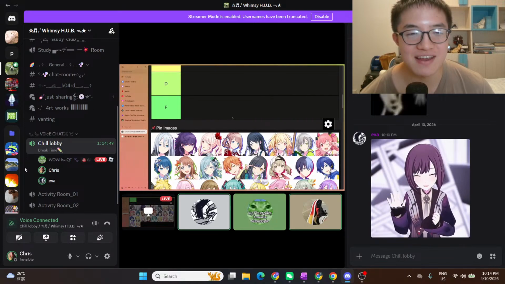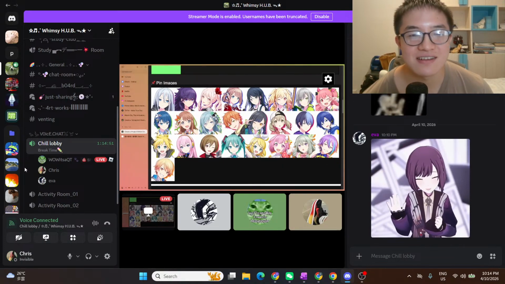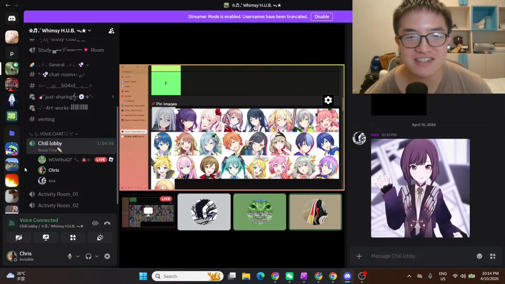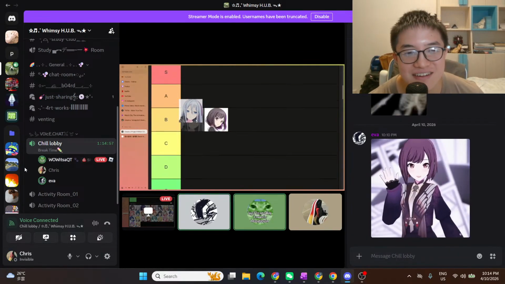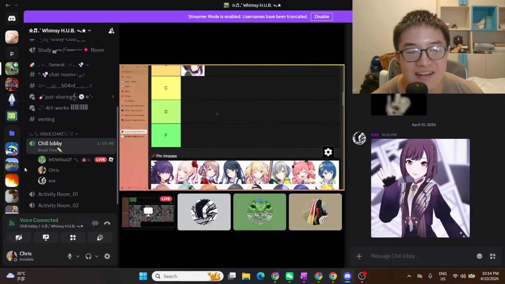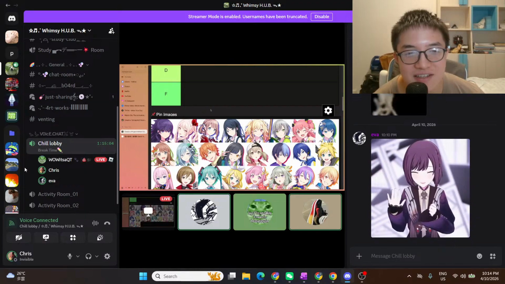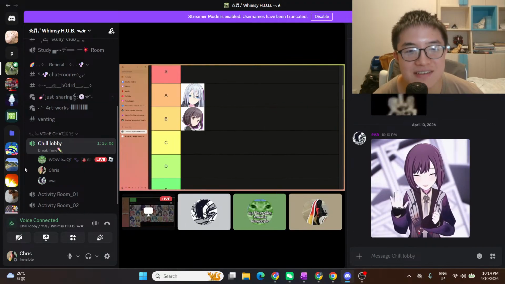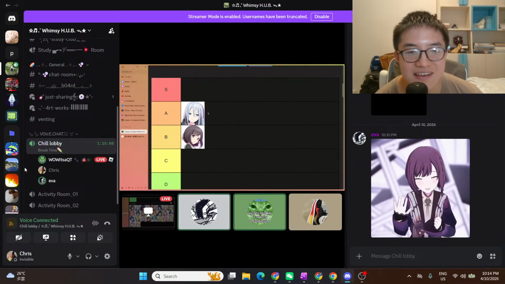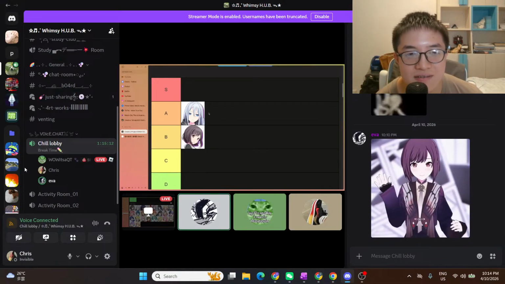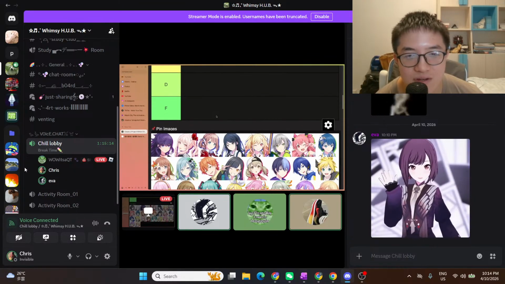Oh, I like the white hair. A. S tier. I agree with the A. I like the hair as well, so S tier. I think it's A. Which anime is this?